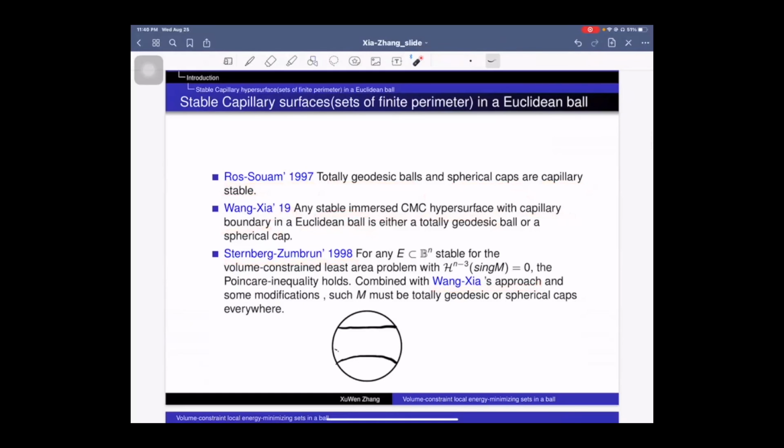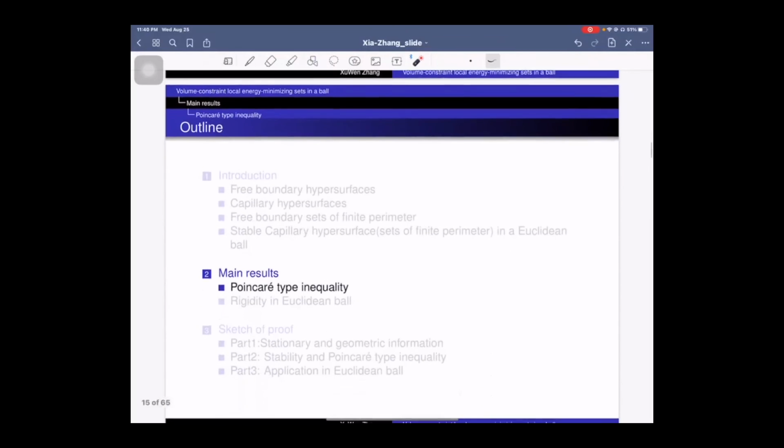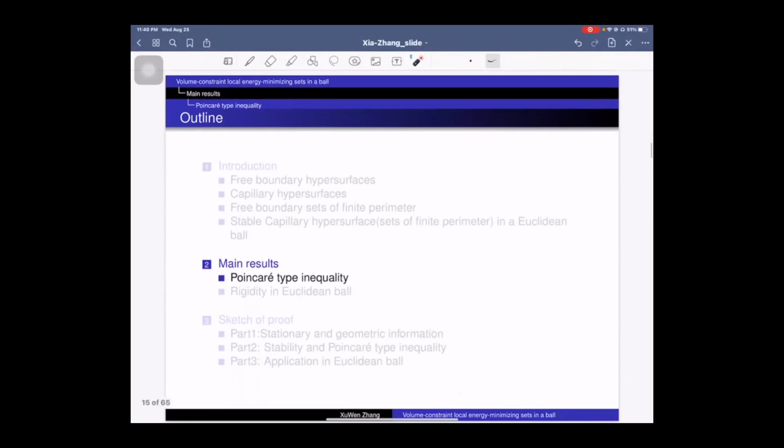With some modifications, we can see that such M must be totally geodesic or a spherical cap. And above are our motivations.